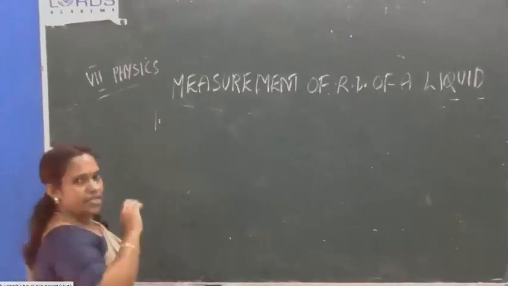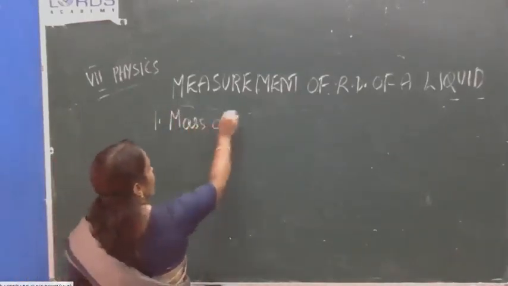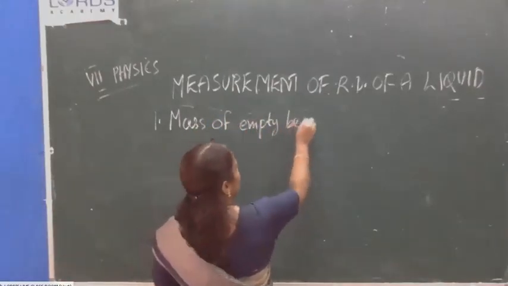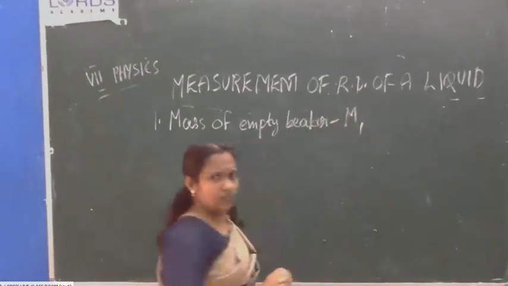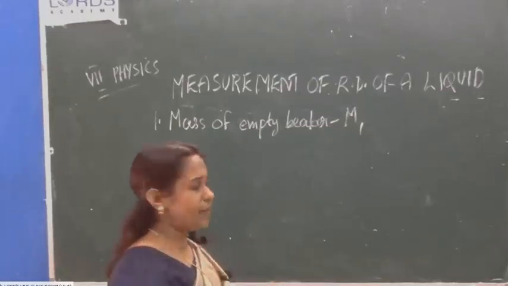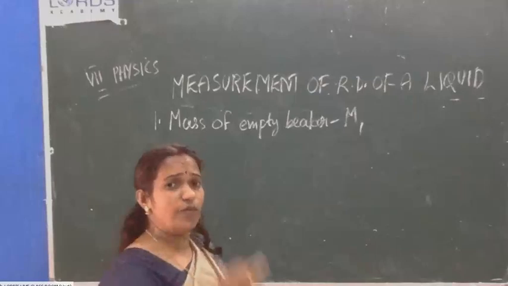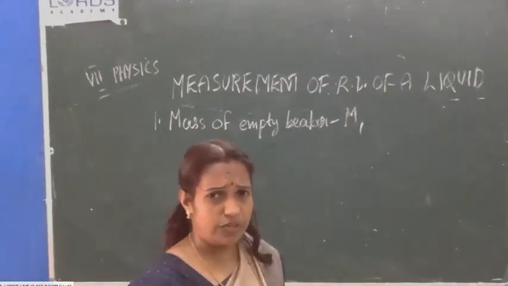I am writing the steps: mass of empty beaker. Beaker means measuring beaker. You have to ensure that nothing is there. Make it dry, place it on a beam balance and measure it. We got M1, maybe any value, say 20 gram. We don't have to bother about values.